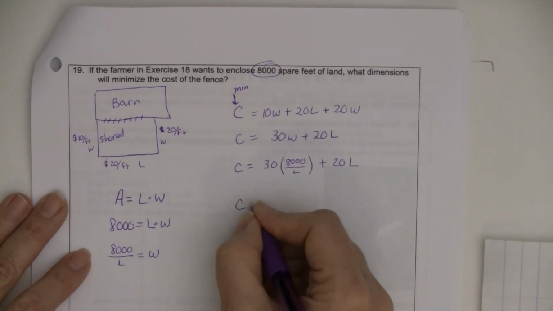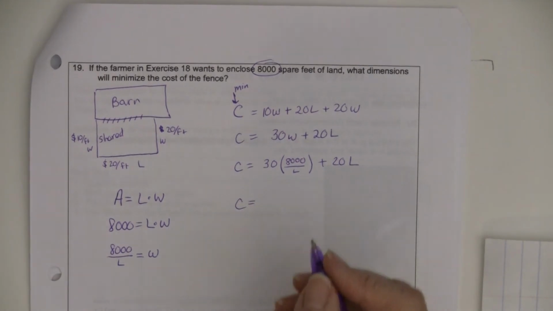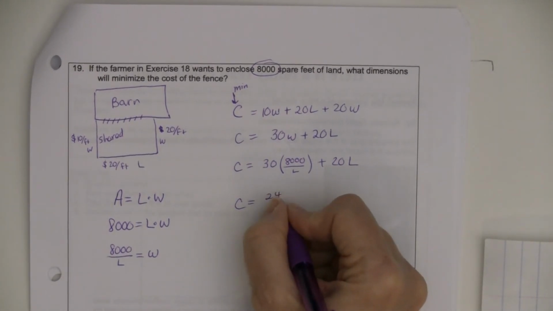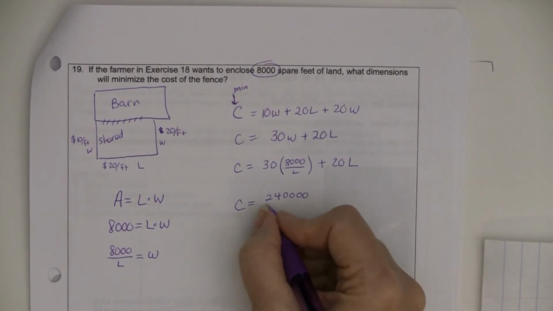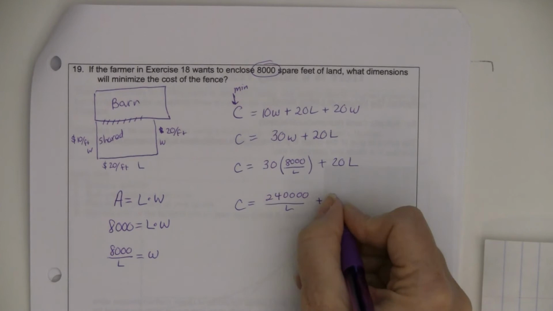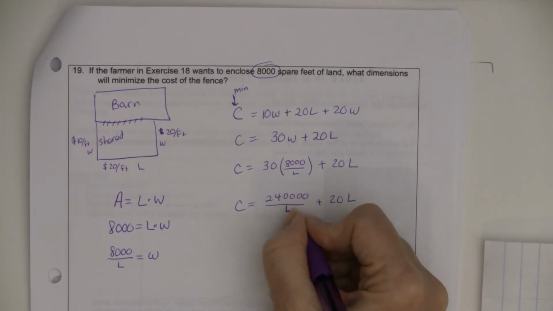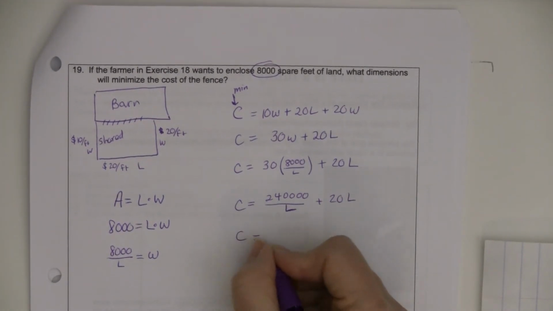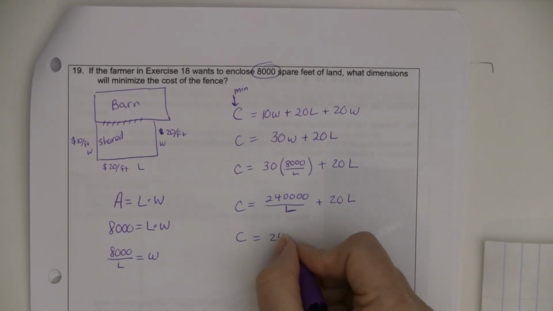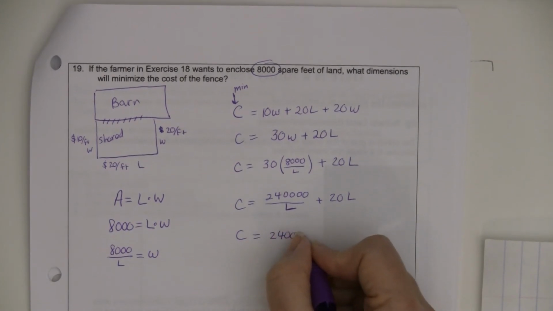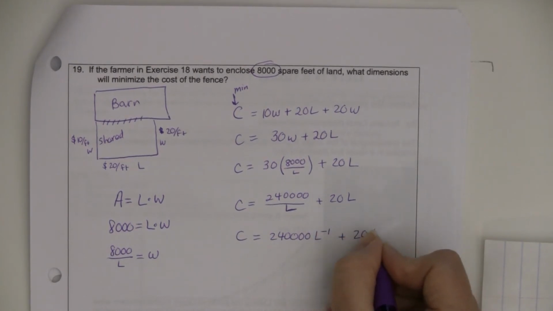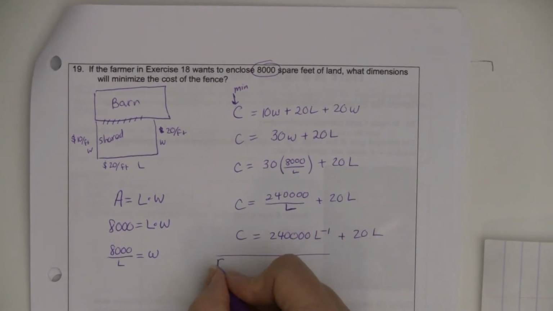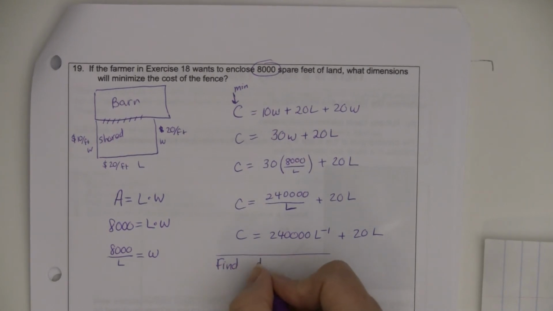And when I do a little math here, that's going to be 240,000 over L plus 20L. To find the derivative of that, you could write this as 240,000 L to the negative 1 plus 20L. And now I'm going to find dC/dL, which is my goal.